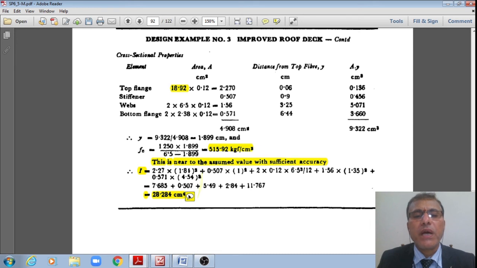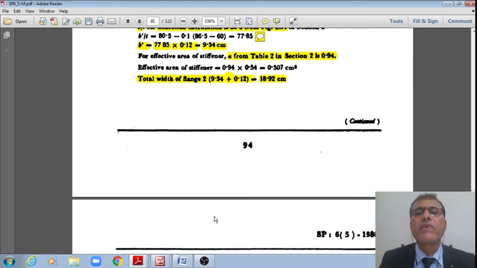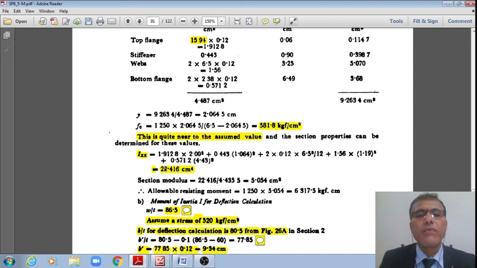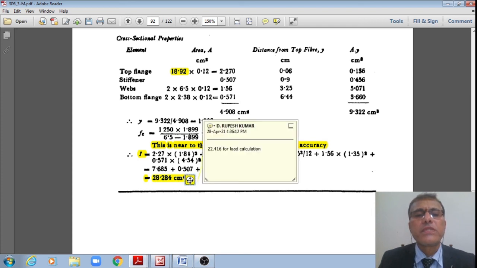However, the moment of inertia for the load calculation was 22.416, only. Therefore, the moment of inertia has increased from 22.416 to 28.284, approximately 6 centimeter to the power 4. 6 divided by 22 multiplied by 100 is approximately a 25 percent increment in the moment of inertia.